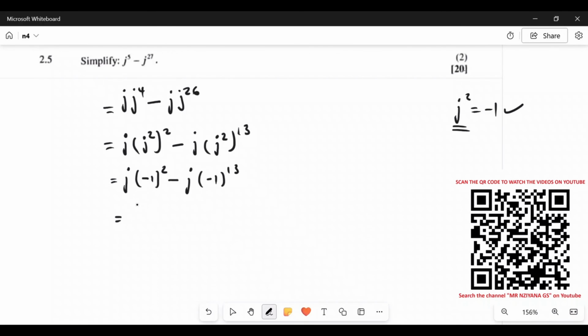It's going to give you positive 1 multiplied by j. So this side, we're going to be left with j minus, right, j. And then if we say negative 1 to the power of 13 inside the bracket, it's going to give you negative 1. Then this here is going to be j minus j multiplied by negative 1. This is going to give us, so this here, guys, is our final answer for this one.